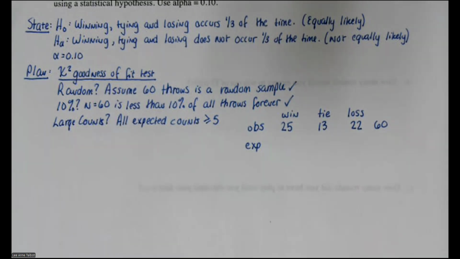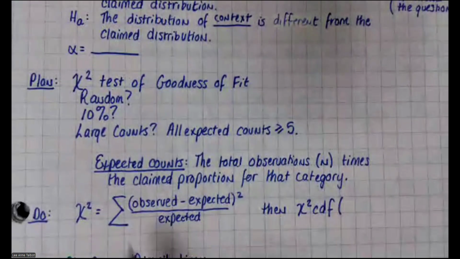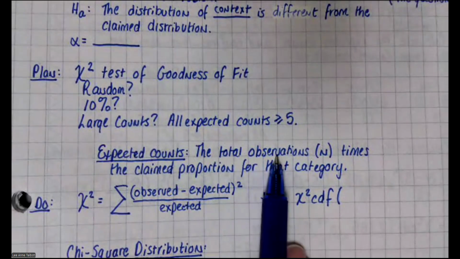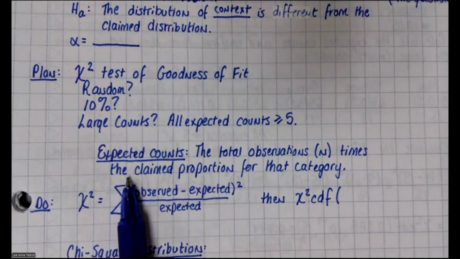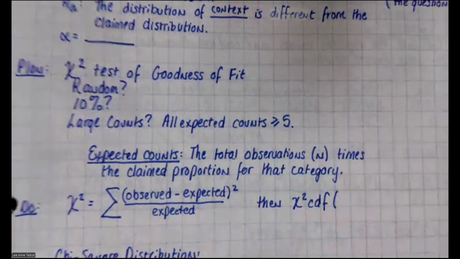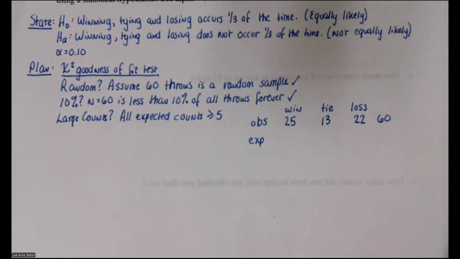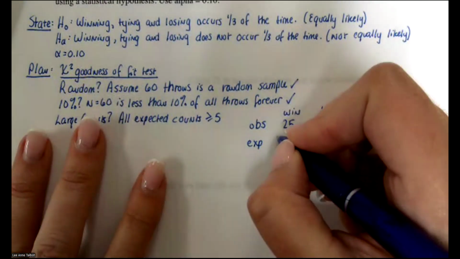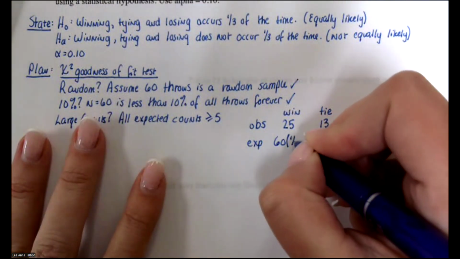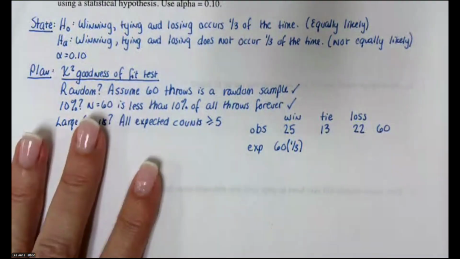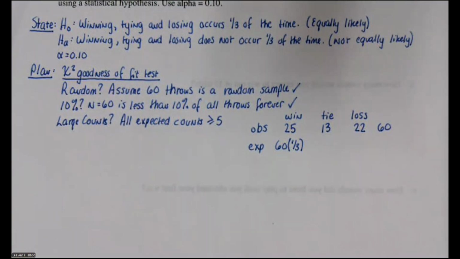Okay, so expected counts: the total observations n times the claimed proportion for that category. We claimed that it was 1/3 of the time.